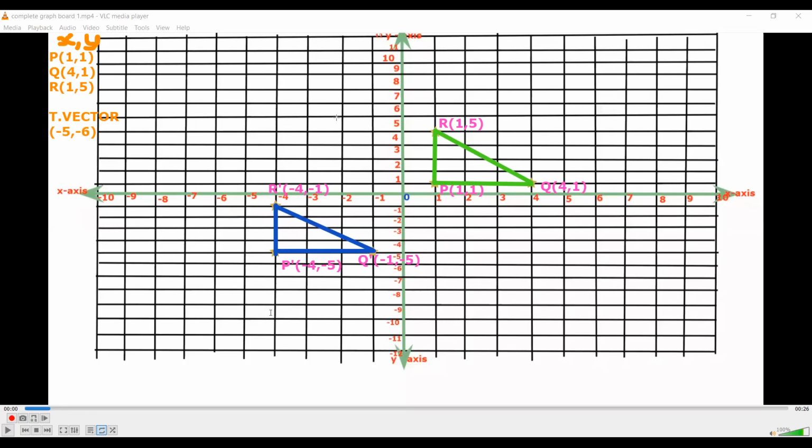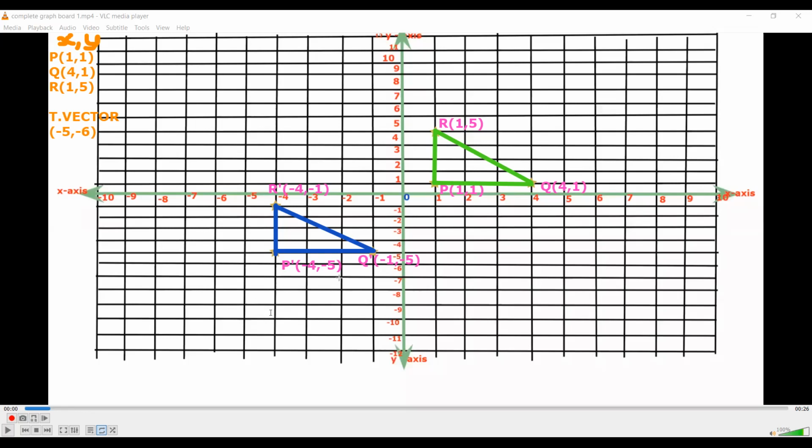Now, we can also use the properties or the facts about the translation. The shape is the same. It has not rotated, and it is rigid. Nothing has changed. All the points are moved by the same translation vector, and the translation vector was giving us 5 left, 6 down, -5 and -6. Okay, good.